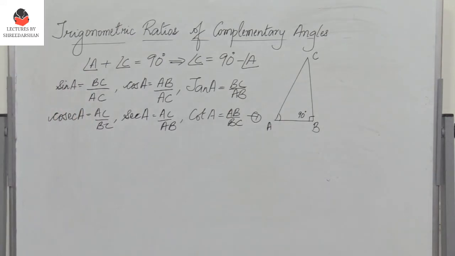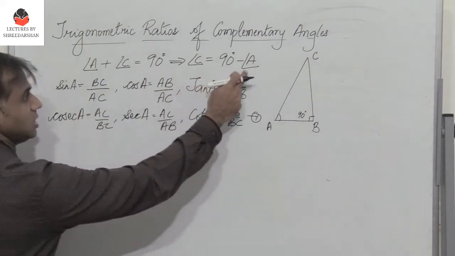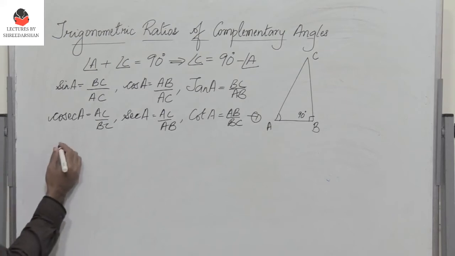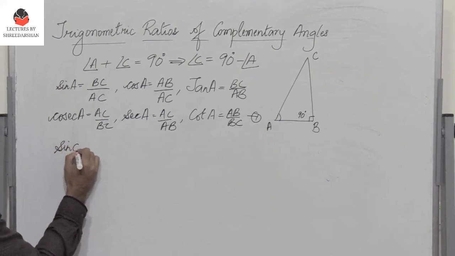Okay, so after having known this, let me define C with respect to angle A. Now C is 90 minus A, isn't it? Okay, so now let me define all these relations with respect to angle C. So now what is sine C?